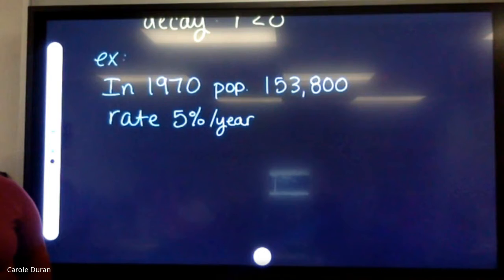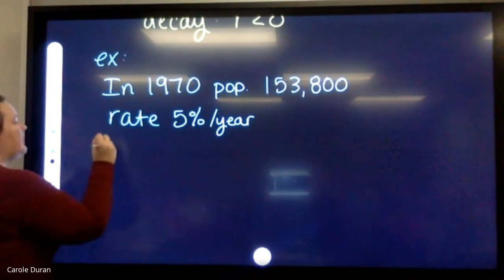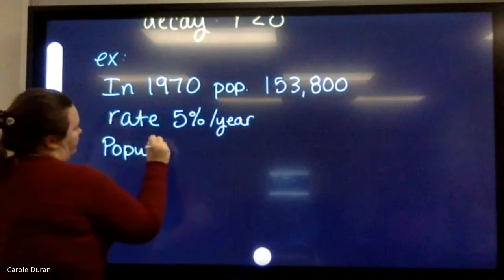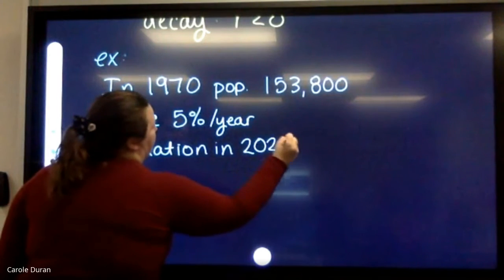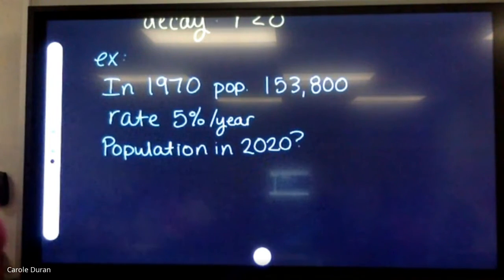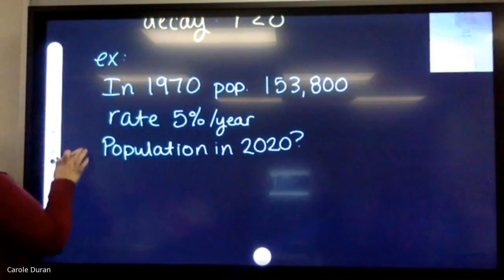So the final question, the one I need to answer, is what is the population in the year 2020? It said "continuously" in there, so I know I'm using PERT.